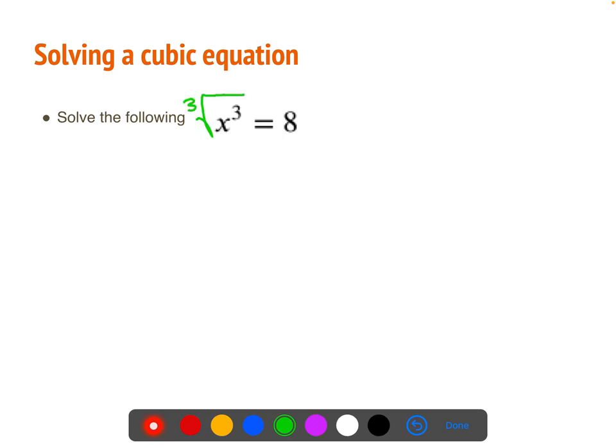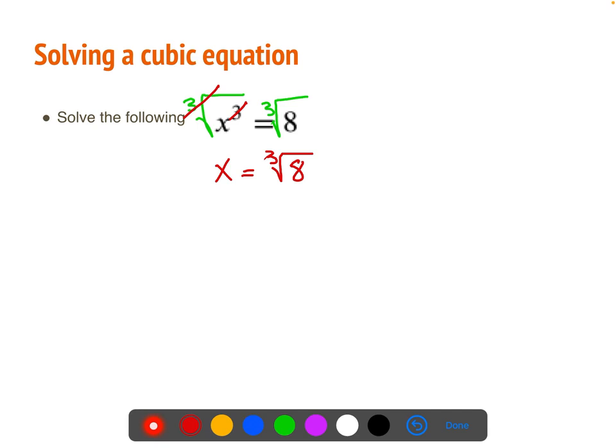Let me clean some of this off so it's not so nasty looking. So I'm going to, on both sides, cube root, because the opposite of cubing is cube rooting. And again, why do we do that? Because the cube root and the cube cancel. Now, I need to figure out what the cube root of 8 is.